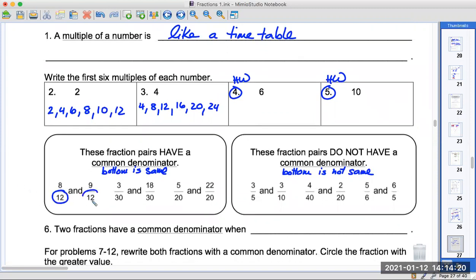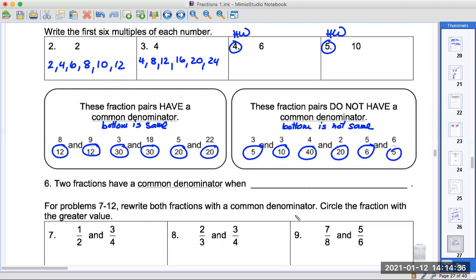This right here. Two fractions have a common denominator when the denominator is the same.